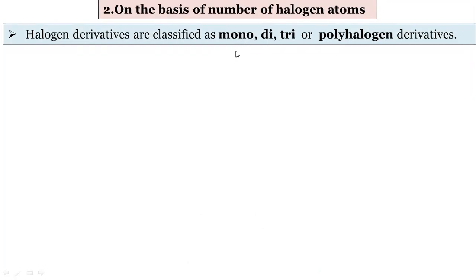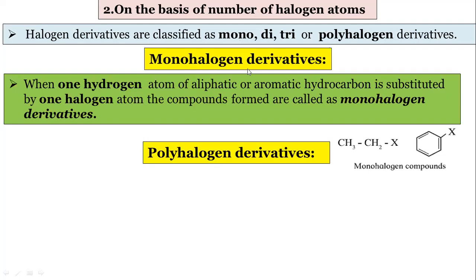First we will discuss monohalogen derivatives. Mono means single. When one hydrogen of aliphatic or aromatic hydrocarbons is substituted by one halogen, it is called monohalogen derivatives. That is single halogen derivatives.